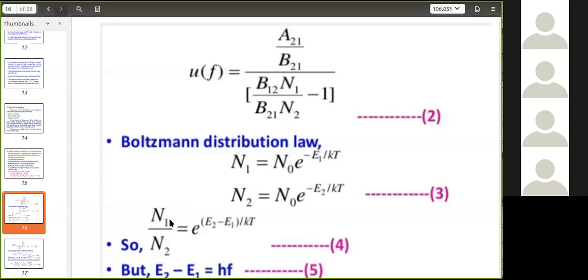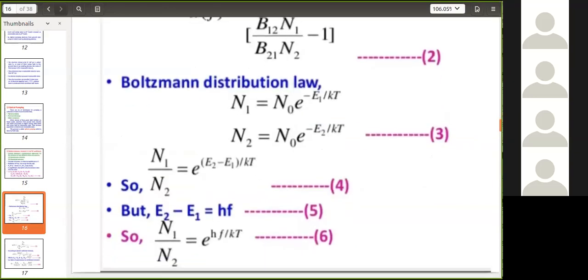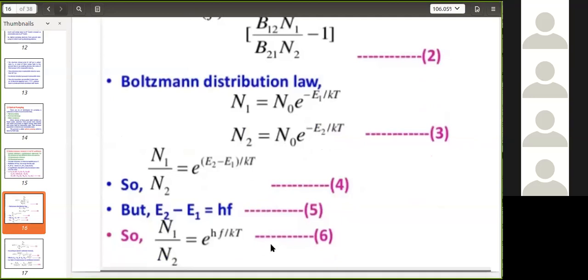Now, if you do N1 by N2, N0 cancels out, and we get it is equal to e to the power E2 minus E1 by KT. Now, E2 minus E1 is nothing but h into f, where f is the frequency of radiation. So we can write N1 by N2 equals e to the power hf by KT, equation number 6.